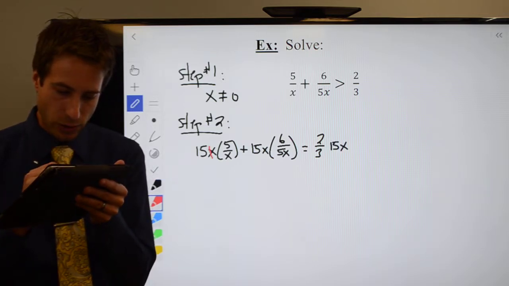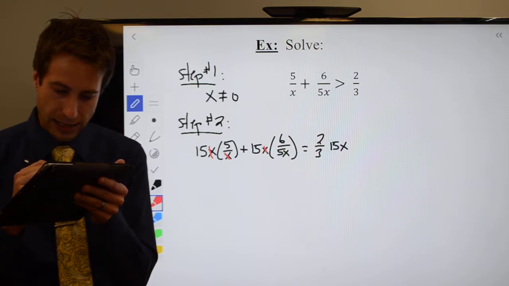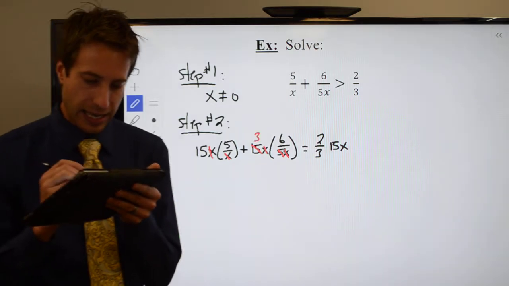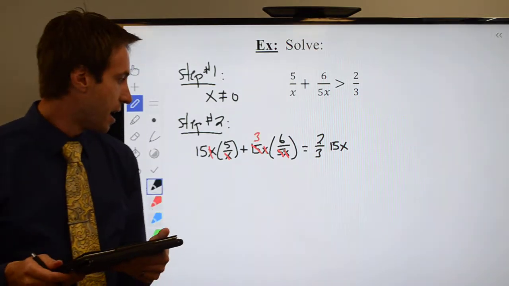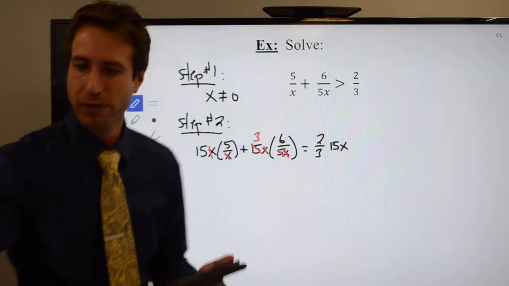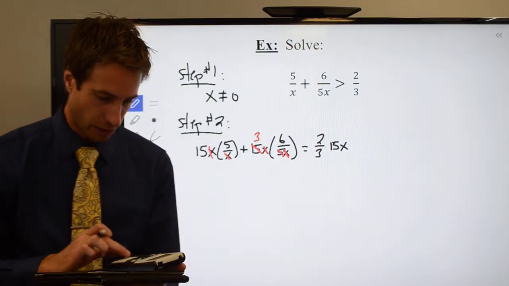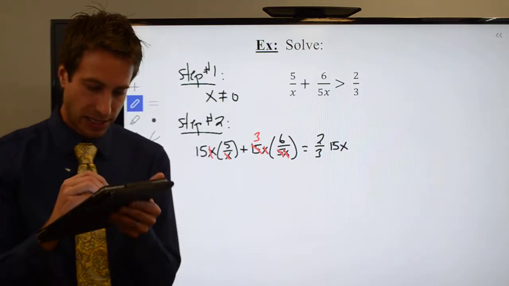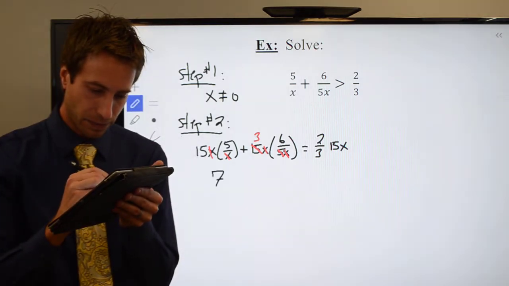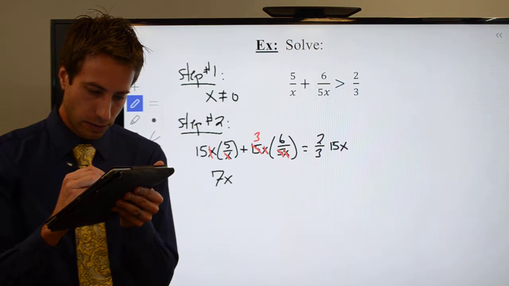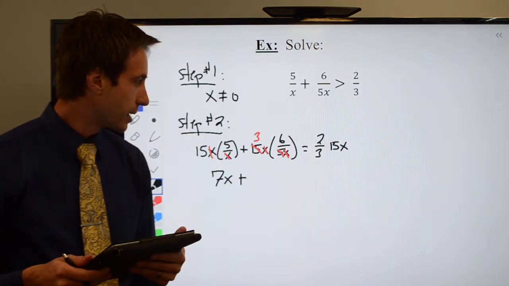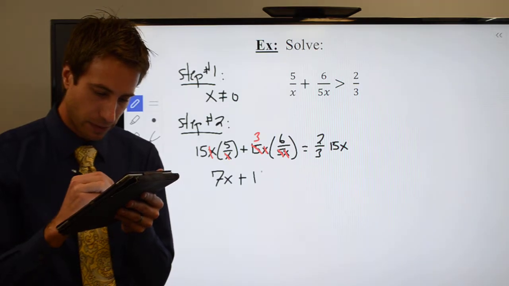The x cancels with the x cancels with the x, the 5 reduces the 15 to a 3, and here's what we've got. 15 times 5, we wind up with 75. So that gives me 75 plus, let's see, the x is dropped out. I just have 3 times 6, which would be 18.